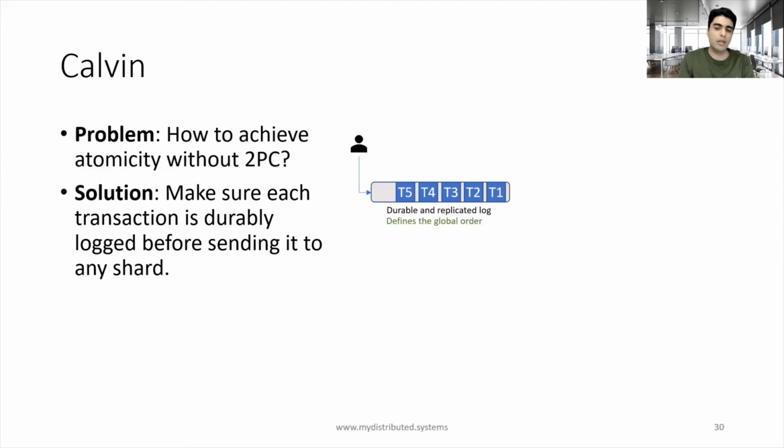Basically the idea is that upfront in the system we have a replicated global log that logs all the transactions durably. And this log makes all the transactions durable and also defines the order of the transactions.